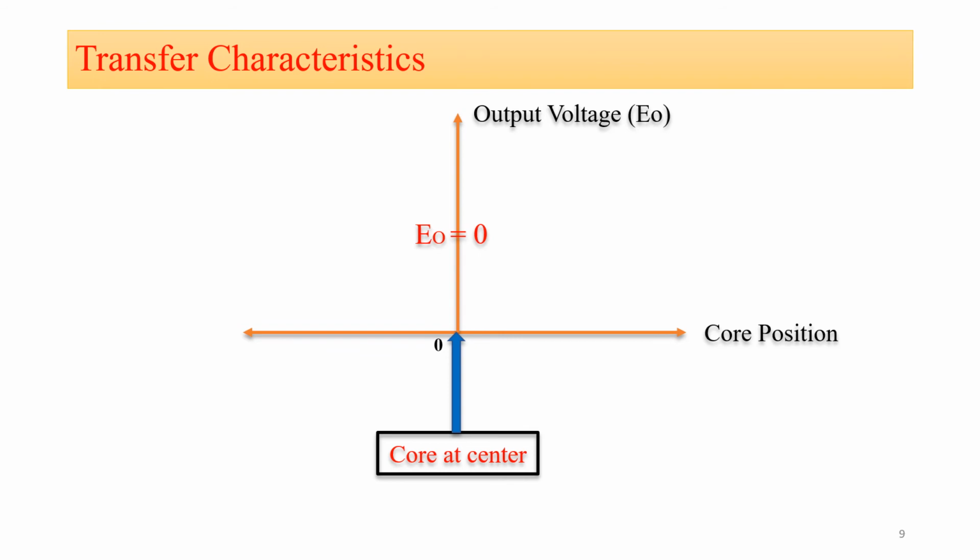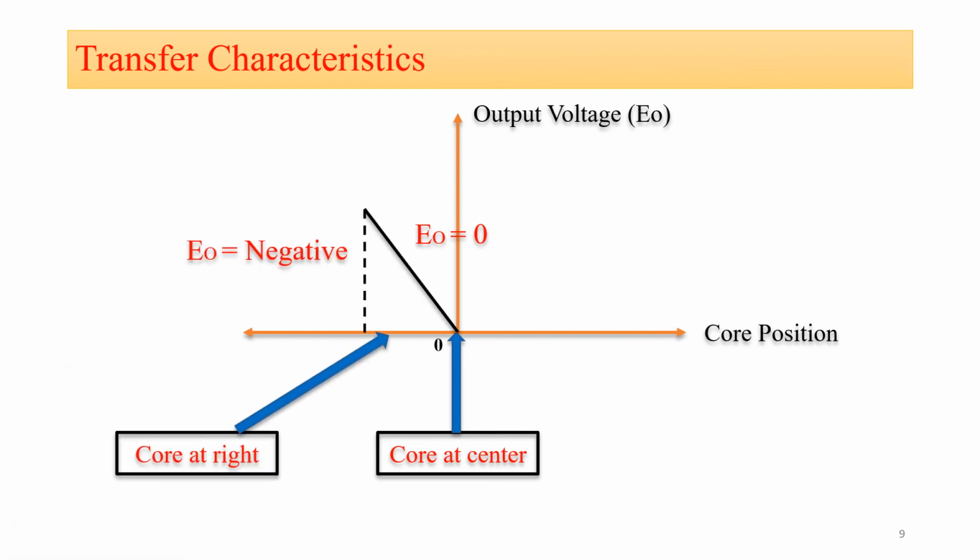That's why the total EMF induced will be equal to 0, and this position is also called the null position. So this states that the voltage is proportional to the displacement of the core obtained at the LVDT output. Now if the position of the core is at right.